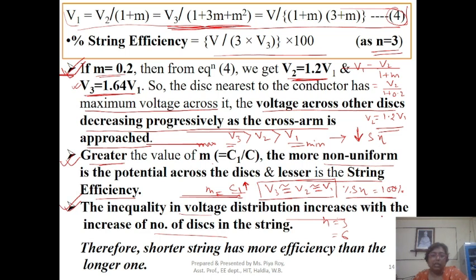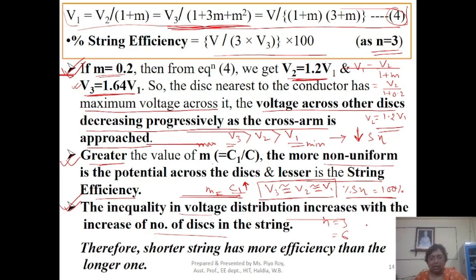So the string efficiency decreases, okay. So this is the point. Therefore, a shorter string has more efficiency than the longer one.